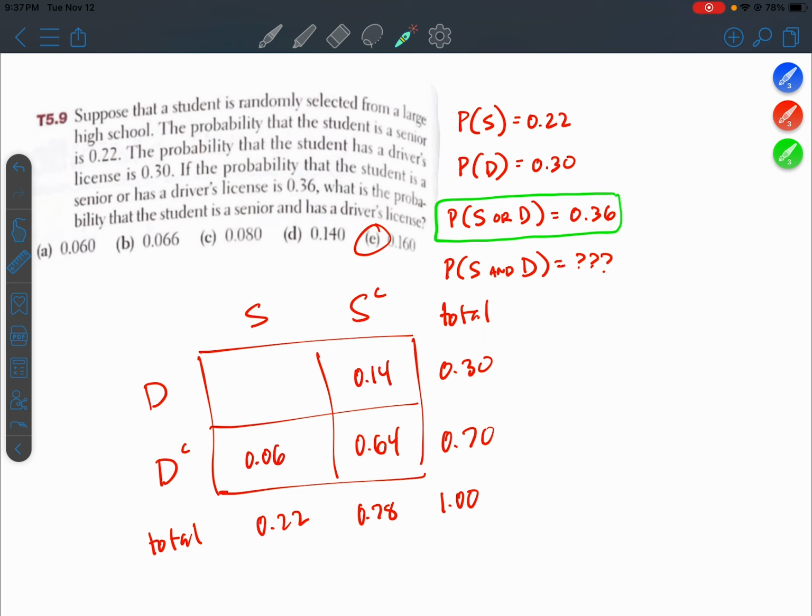And now we can use mental math to complete that row. 16 plus 14 is 30%. And also just make sure that everything works out in that column. 16 plus 6 is 22%. So there we have it. We found the probability of the student being a senior and having a driver's license as 16%. No formulas there.